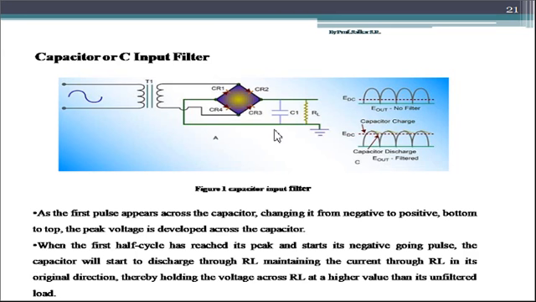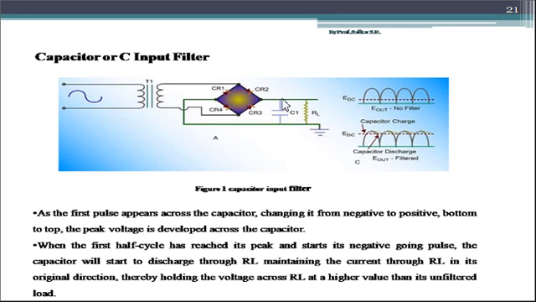So when this waveform starts charging the capacitor, the capacitor takes a portion of this waveform, charges itself, and bypasses that AC signal to the ground directly.